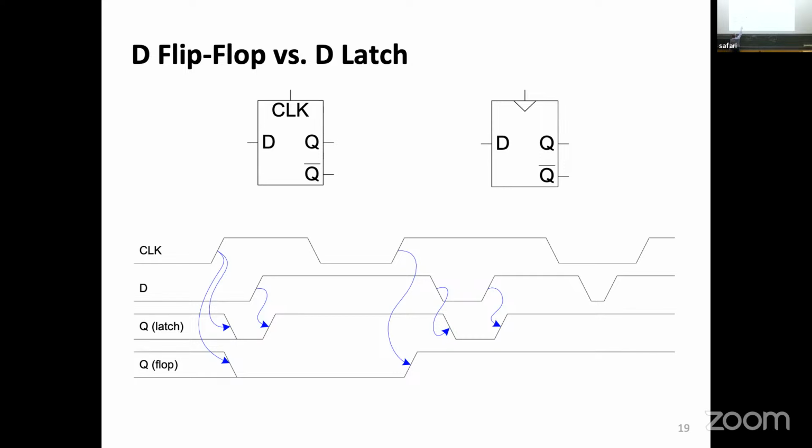While the clock is 1, meaning during this time here and during this entire time, the latch is what we call transparent. Whatever is in the input will propagate to the output. Not exactly at the same time. What is this difference in the time? Yeah, the propagation time that we were talking about last time. It doesn't happen instantaneously. There's a bit of time.